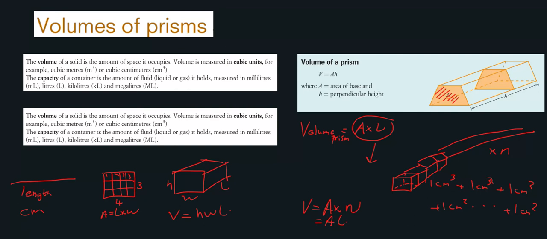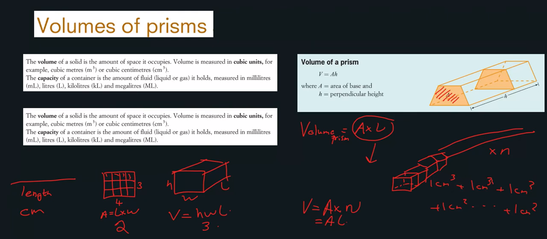Here we've got a length times a length. So we've got 2 dimensions here, and here we've got 3 dimensions because we need to go back. So the volume of a solid is the amount of space it occupies.